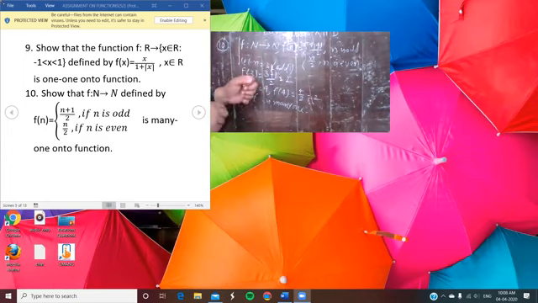If n is even, the general even number can be taken as 2n, and the general odd number can be taken as 2n plus 1 for any n belongs to N.